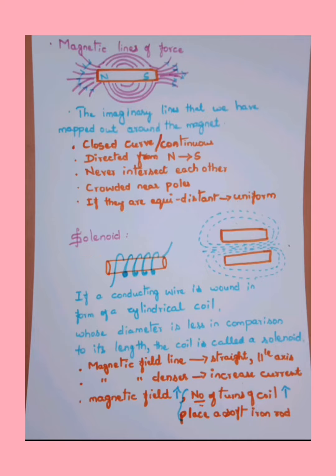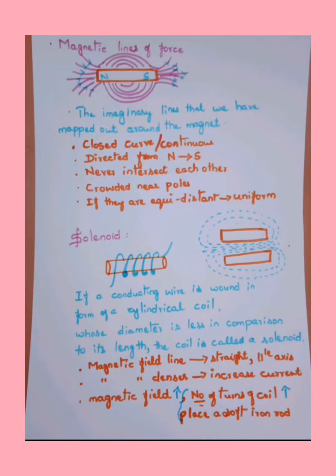You can consider a cylindrical coil, and then you wind a wire around this and connect it to the positive and negative sides of a battery, and that forms a solenoid. Here we have not shown the battery; you can just imagine that they are connected. When you connect them like this, current flows through the connecting wire, and this system acts as a solenoid.